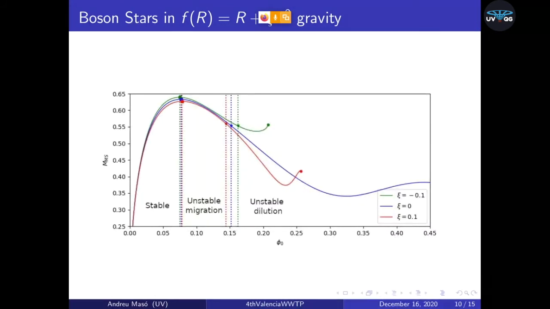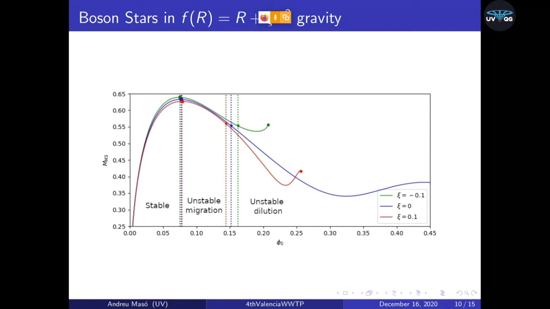Time evolutions have been made also. Roughly speaking, what we do is we take one of the static solutions we found, and after a coordinate transformation, we evolve these boson stars using the BSSN formalism, Baumgarte, Shapiro, Shibata, Nakamura formalism.